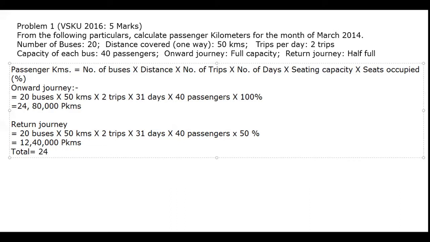Now, what will be the total of both onward and return journey? That is 24 lakh 80,000 plus 12 lakh 40,000. So it comes to 37 lakh 20,000 passenger kilometers. Add both the onward journey total and return journey total.